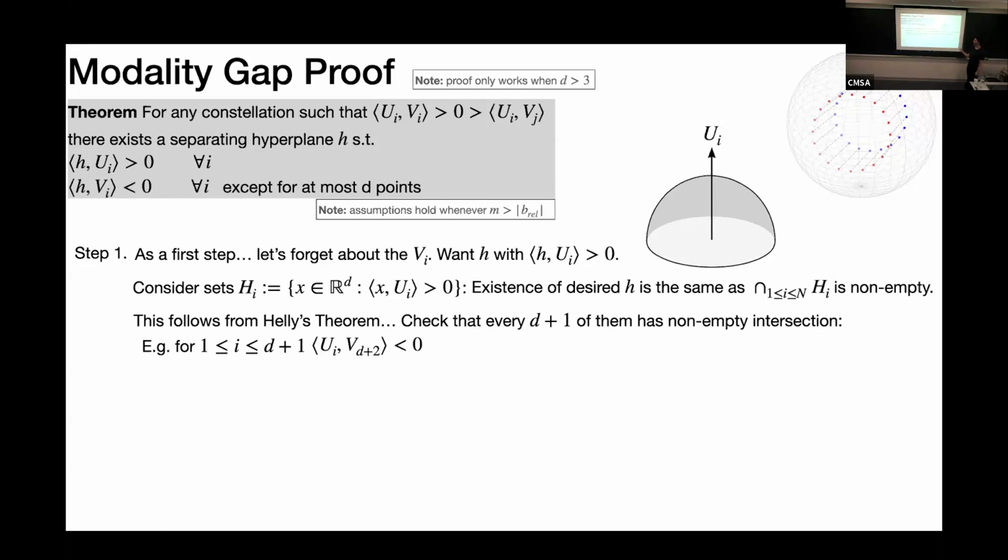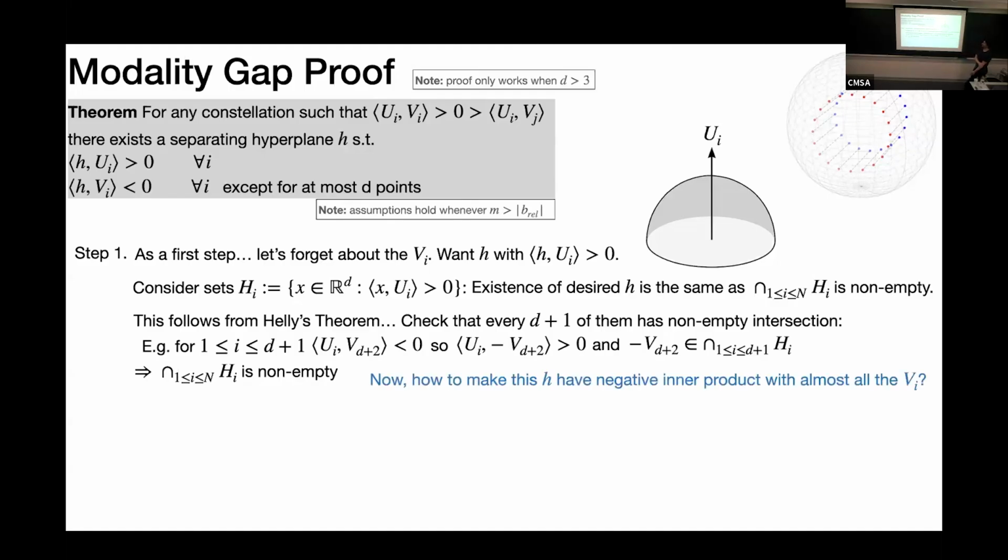That's an example of a vector for which all of them work. So you can take minus of that thing and you have a positive inner product. So Helly's criterion is satisfied, and so the intersection is not empty. Okay, so we have something that works for the U's, right? You intersect all of these hemispheres and you get something.